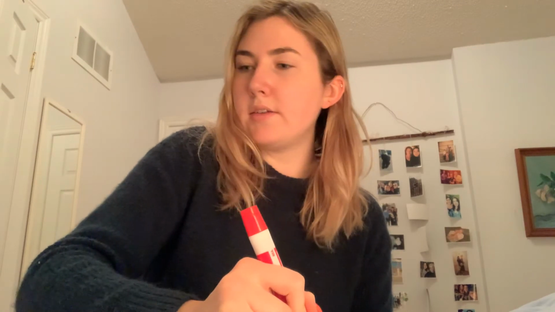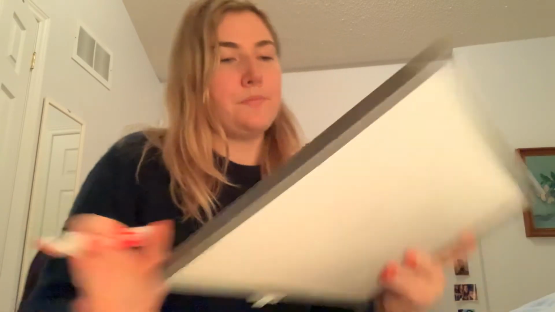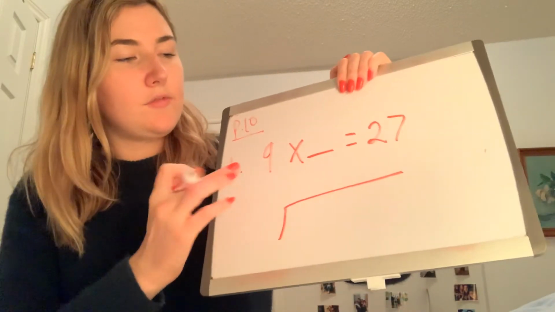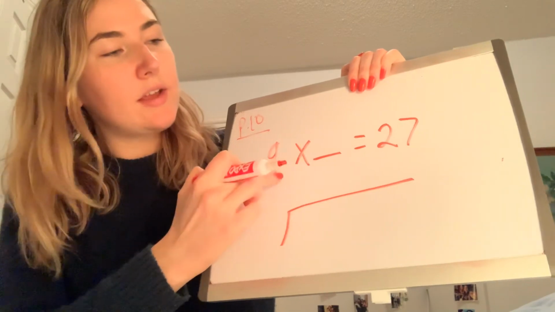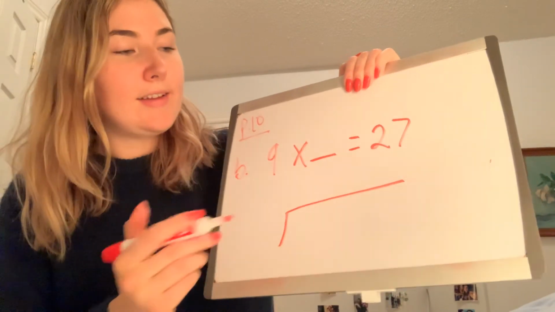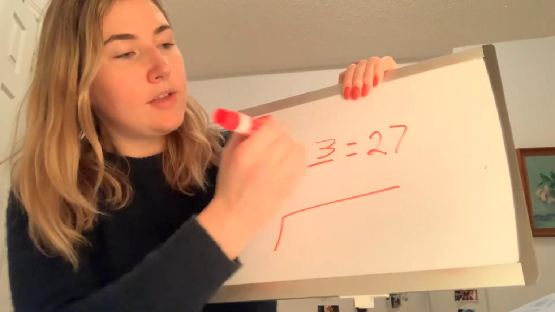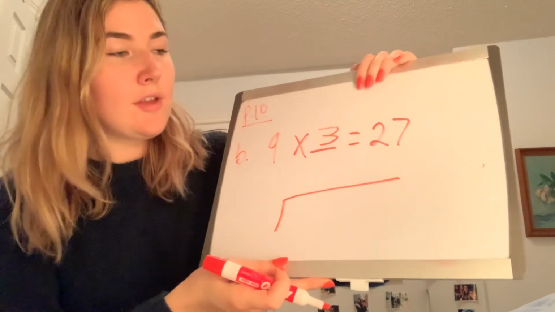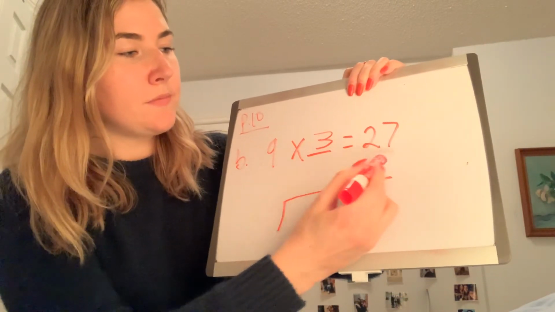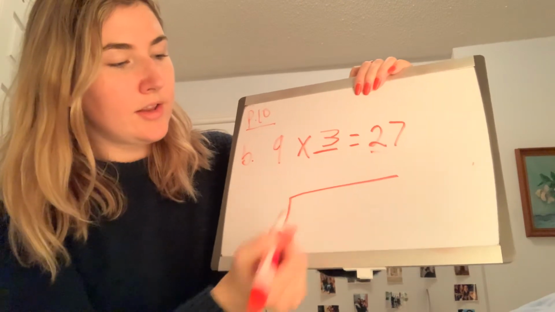All right, so let's do one more here. We have B, so we have 9 times something equals 27. So again, you can figure out what times 9 would equal 27, and it's 3. 9 times 3 equals 27. So again, our answer is what we put underneath the line.